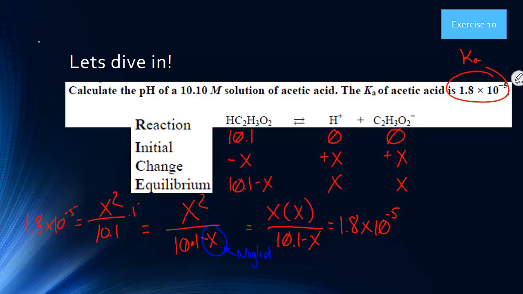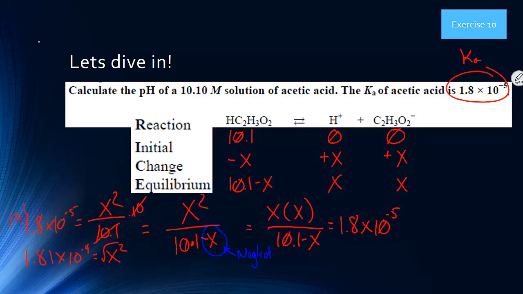So if I multiply by 10.1 on both sides, it goes away. So 1.8 times 10 to the minus fifth times 10.1 is 1.81 times 10 to the minus fourth, which equals x squared.